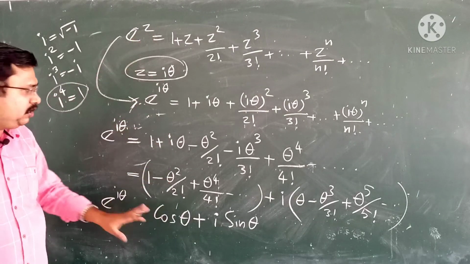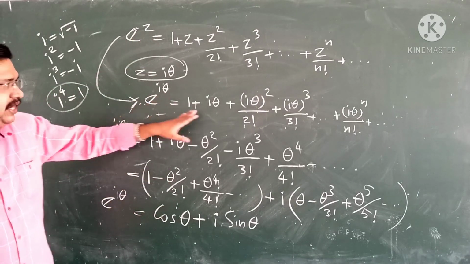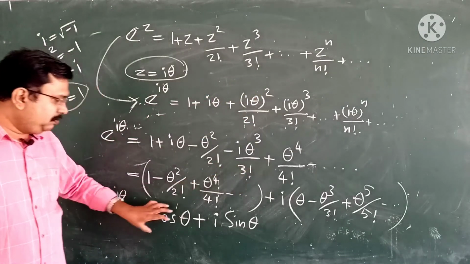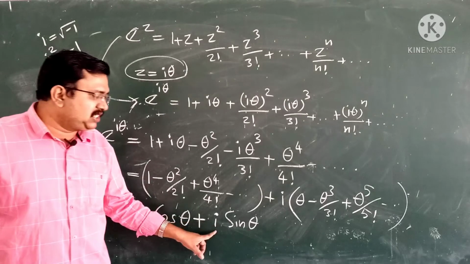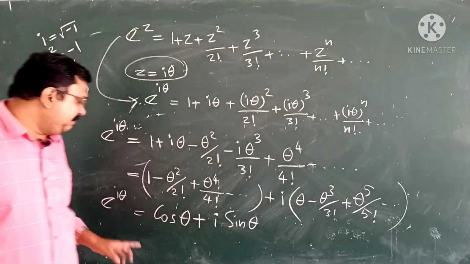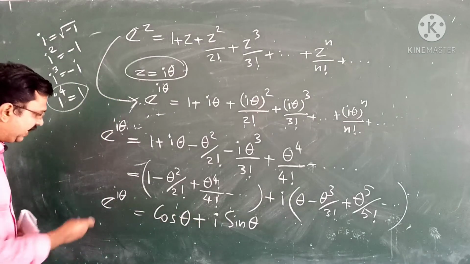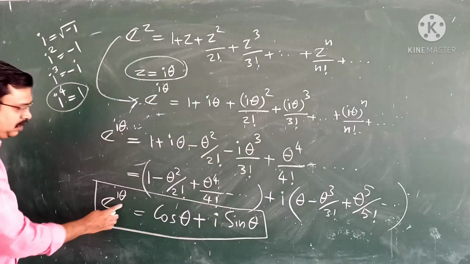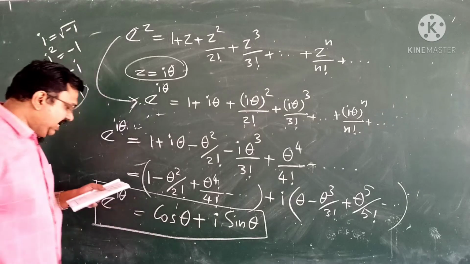Please write this down in your notebook. First e raised to i theta, then we split this into 2 parts. First part is cos theta and the second part is i sin theta. Then we get an equation like this: e raised to i theta is equal to cos theta plus i sin theta.